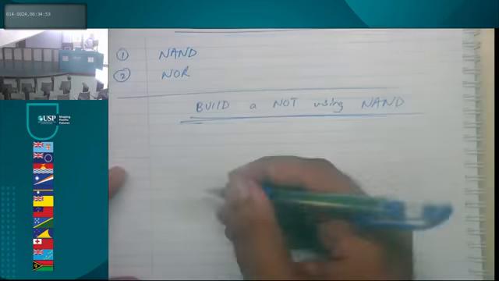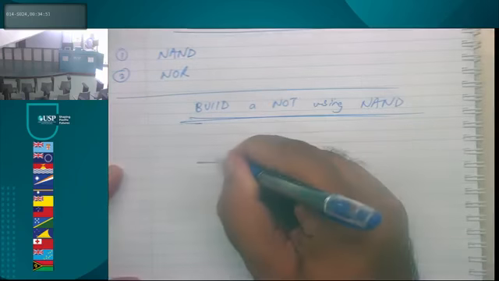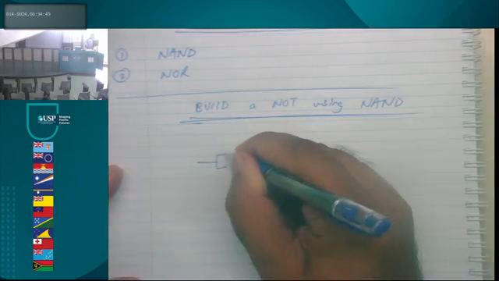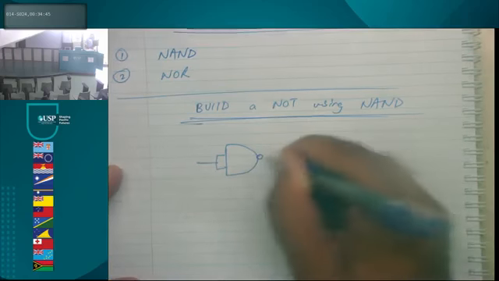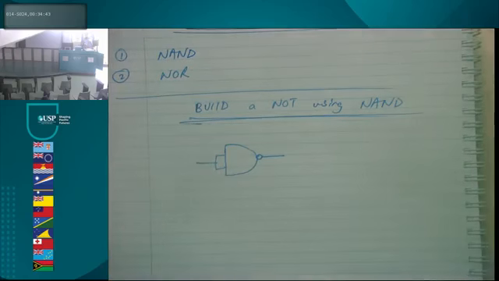Now, I want you to consider the following. Which theorem is reflective of what we're doing over here? When you tie the two inputs together, what do you call that?